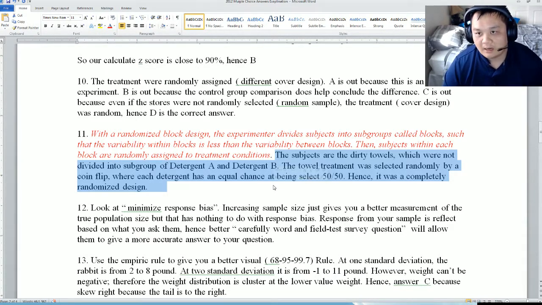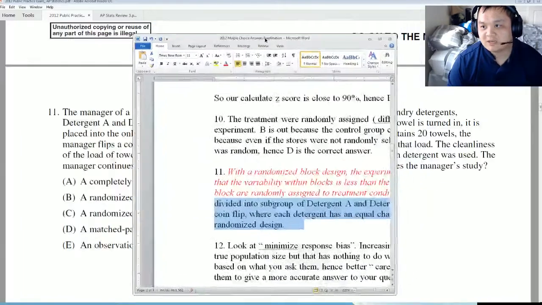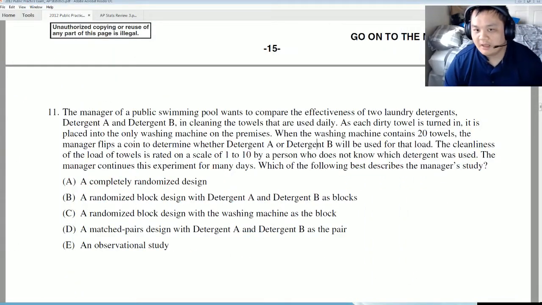I could say that the manager collects the 20 towels, and on Monday, Wednesday, and Friday he uses detergent A. Tuesday, Thursday, and Saturday he uses detergent B. That would be a block because I'm splitting the towels into two categories, and I am assigning the treatment based on a block design, which in this case is the days of the week.